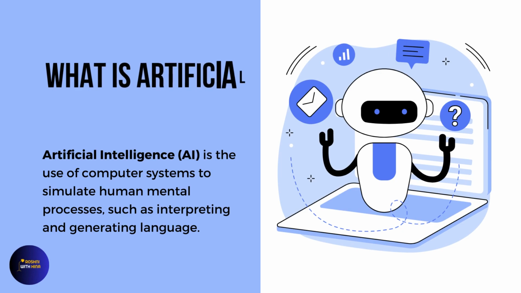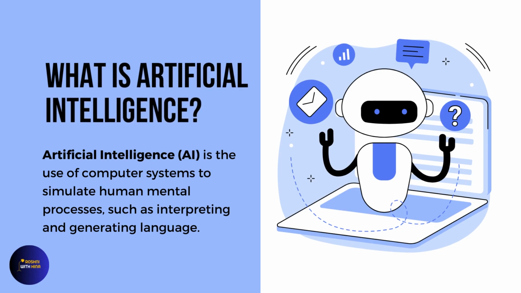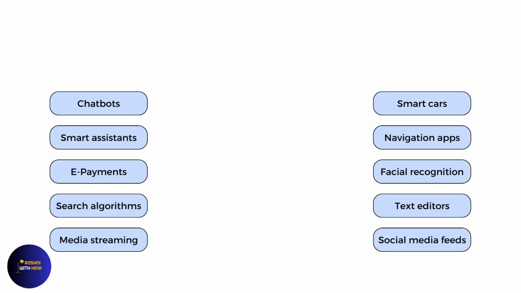What is artificial intelligence? Artificial intelligence, AI, is the use of computer systems to simulate human mental processes such as interpreting and generating language.